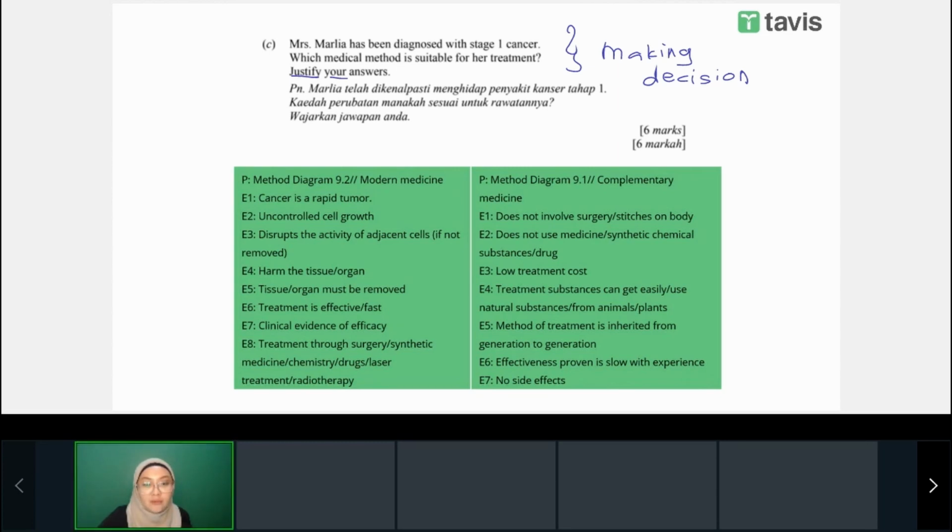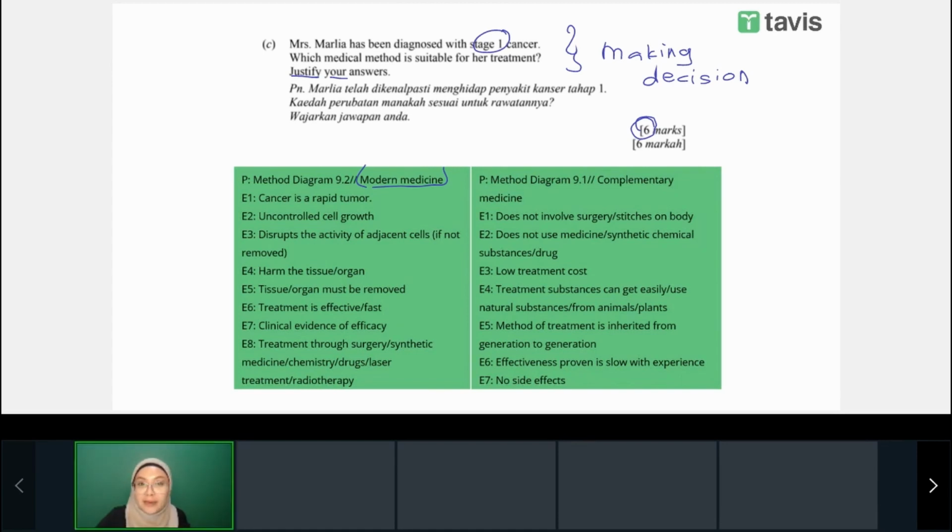The given mark over here is 6 marks. So please provide 6 reasons. If you choose the modern medicines, provide your reason: because Puan Malia is in stage 1, you know that the cancer is a rapid tumor.